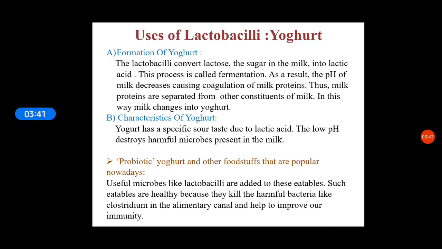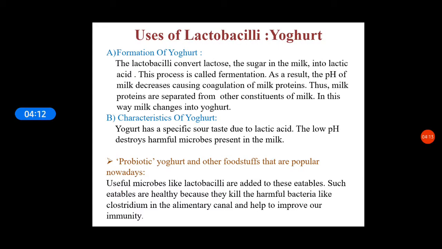Now let's learn the use of lactobacilli in yogurt formation. Milk contains lactose sugar, lactobacilli microbes and proteins along with other constituents of milk. By the fermentation process, lactobacilli convert lactose sugar into lactic acid and as a result the pH of milk decreases, causing coagulation of milk proteins.